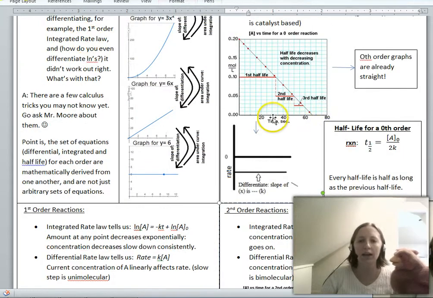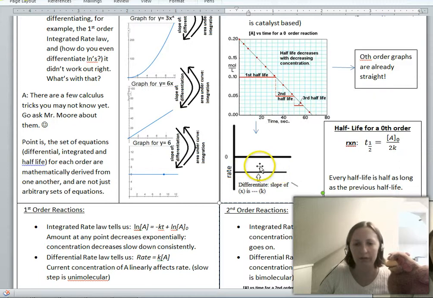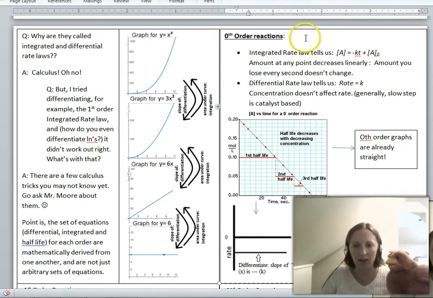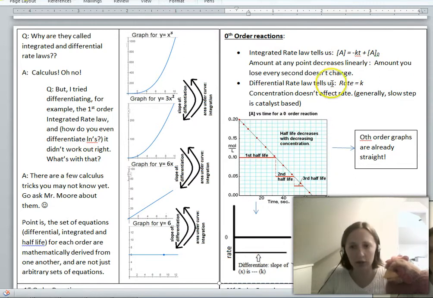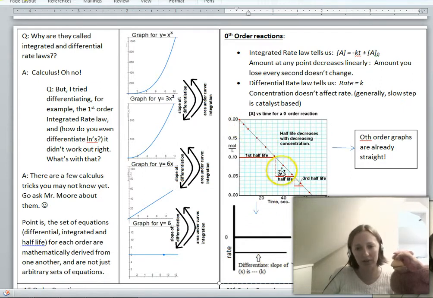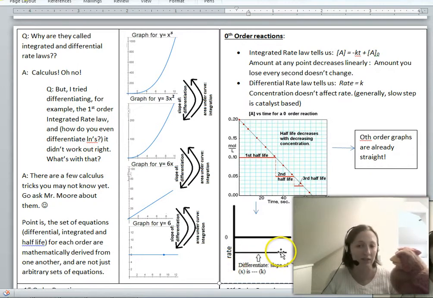Alright, and now the reason that I have this graph is to explain the graphical mathematical relationship between the integrated rate law and the differential rate law, which is the differentiated version of this graph, so the slope of this graph. And what you can see is the slope of a straight line is a flat line, if you remember that from our little calculus lesson.